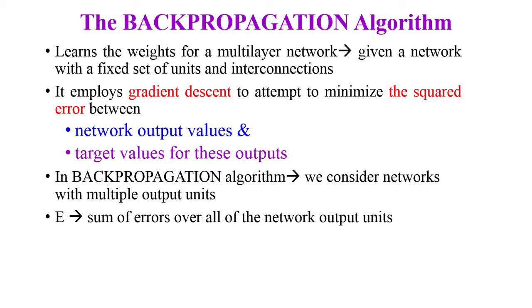Given a network with a fixed set of units and interconnections, it employs gradient descent to attempt to minimize the squared error between the network output values and the target values for these outputs.